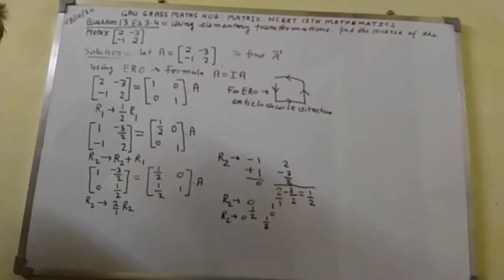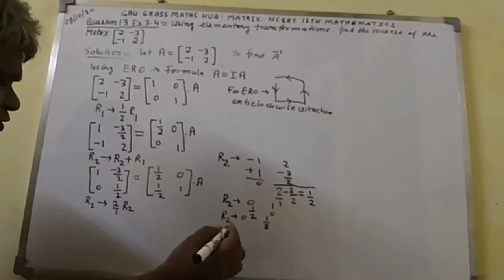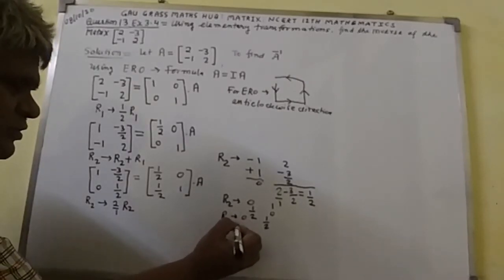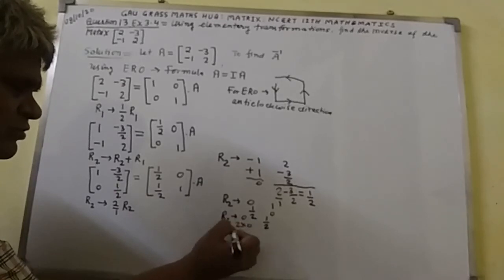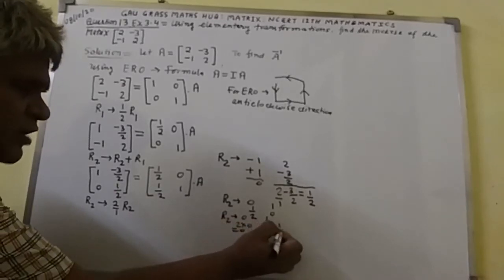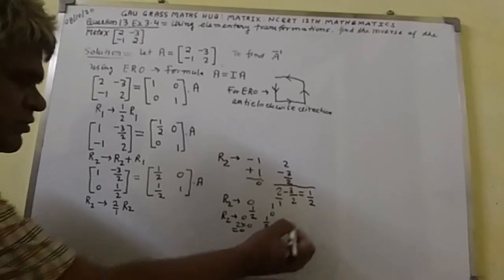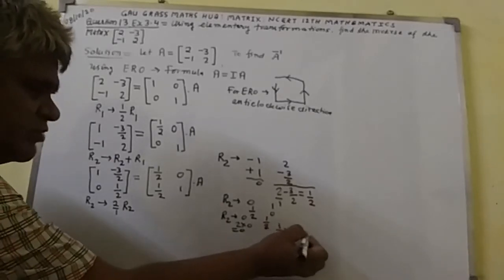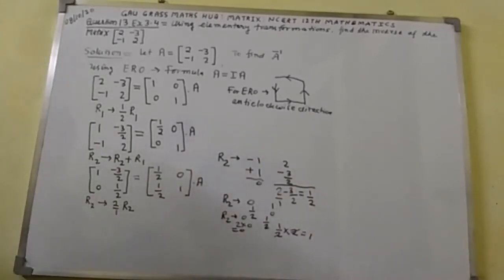If I take R2 as 0, the 0 will multiply by 2, 2 into 0 comes out to 0 here. And 1 over 2 will multiply by 2 and comes out to 1 here. So here you will get easily 1.